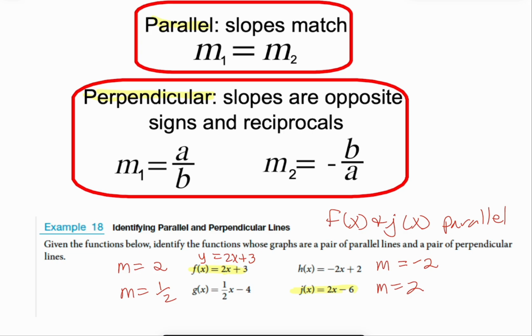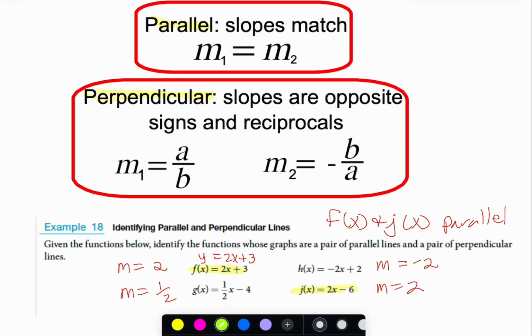But let's take a look at, do we have any that are opposite signs? Well, the only one that is -2. And if you multiply that by 2, you get -4, or you can think these are not reciprocals. The reciprocal of -2 is -1/2, change the sign to +1/2. Oh, we got one like that.